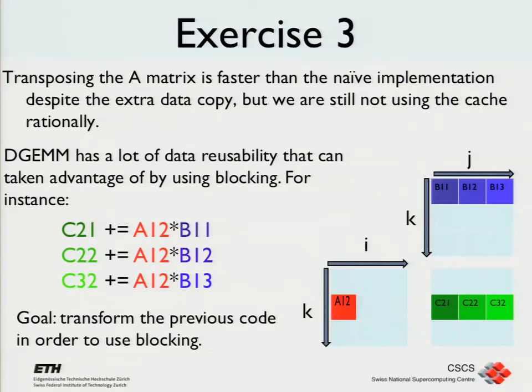The idea is that this block will stay in the cache longer. So every time we need to access this block, we won't have to transfer it from the main memory, but from the cache. It will be much faster, okay?